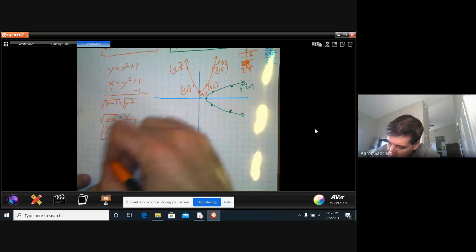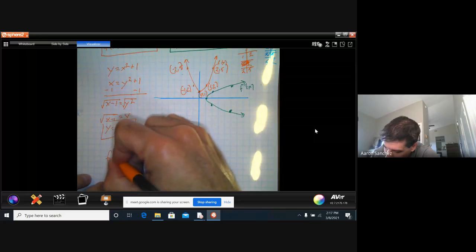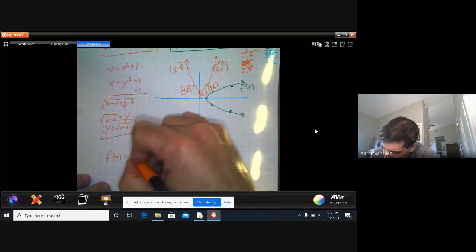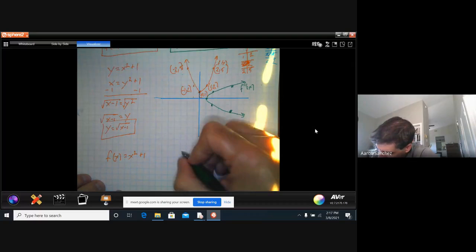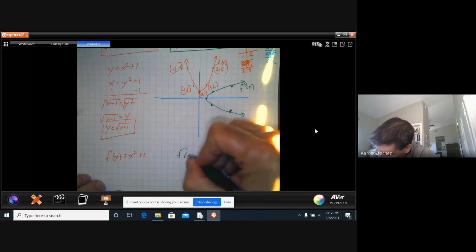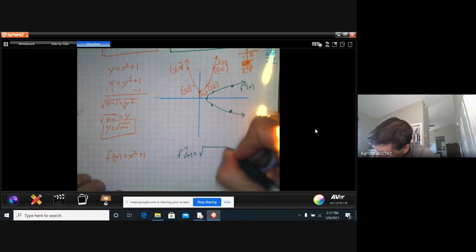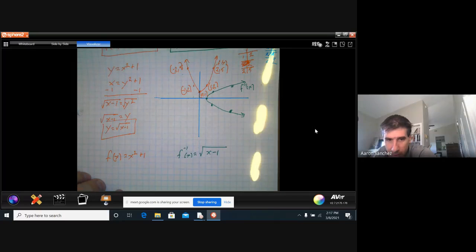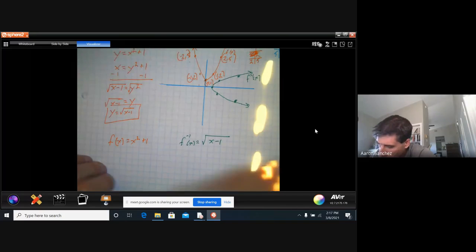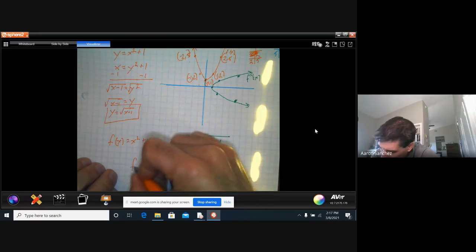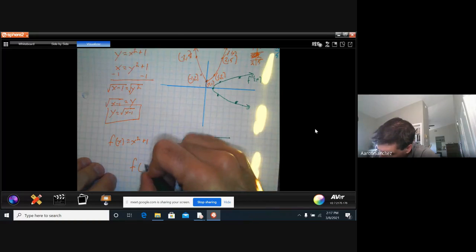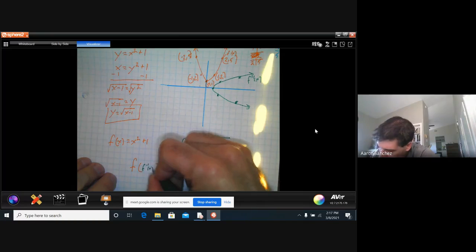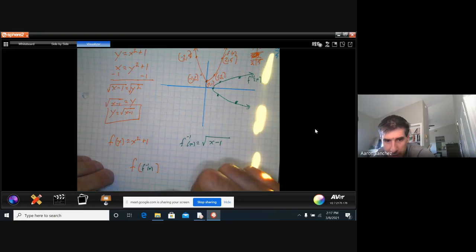Let me rewrite these. f of x equals x squared plus 1. The inverse of f of x equals the square root of x minus 1. You know how I can tell if they're inverses? If you plug the inverse into the function, you should get x.